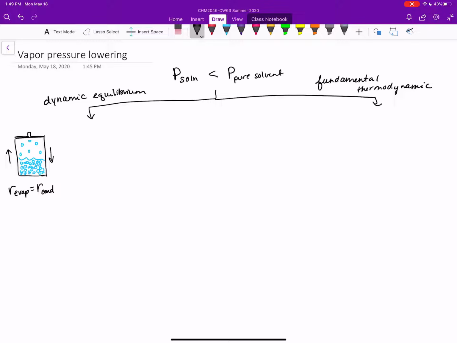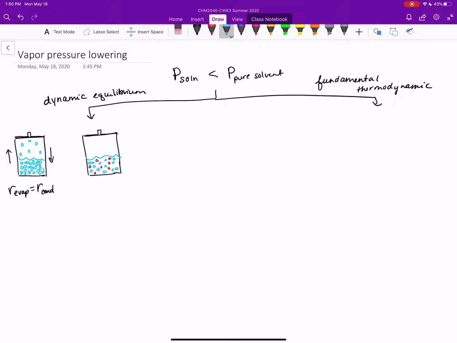But now let's add a solute to this beaker, which should be the same size beaker, but I'm not an artist. Okay, so now this becomes a solvent because what I'm going to do is add some solute particles in here. And now I have intermolecular forces existing between the solute and the solvent particles.